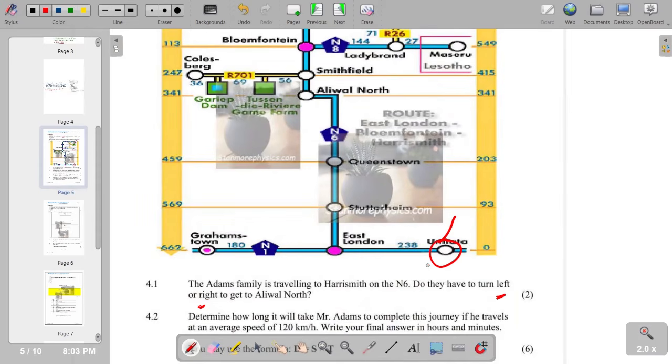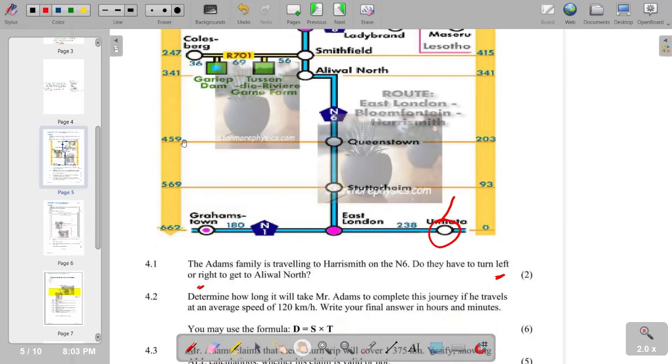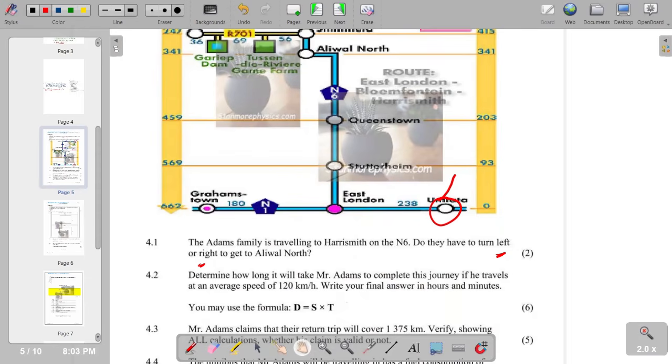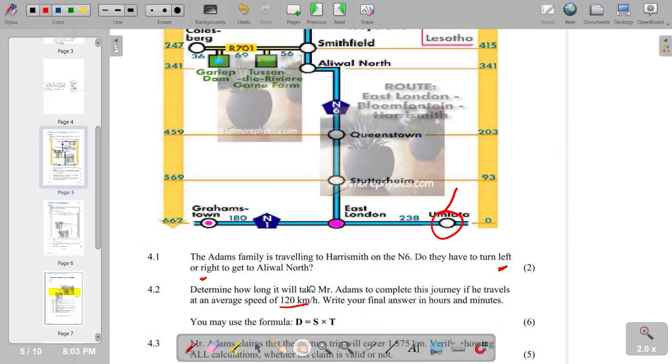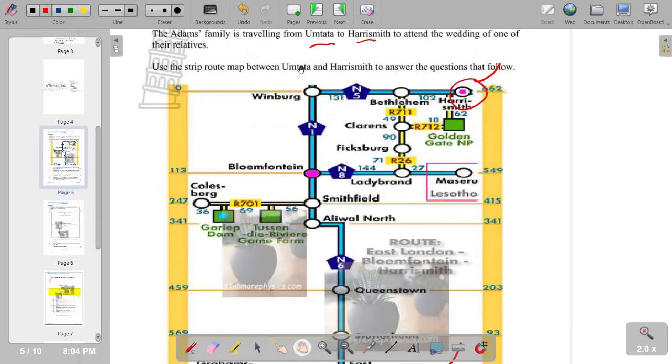Then according to our information given, you see that the speed that is being traveled is 120 kilometers per hour. And then the distance, we get it only on this part whereby we have got 662. So basically that's where we have our distance, 662.